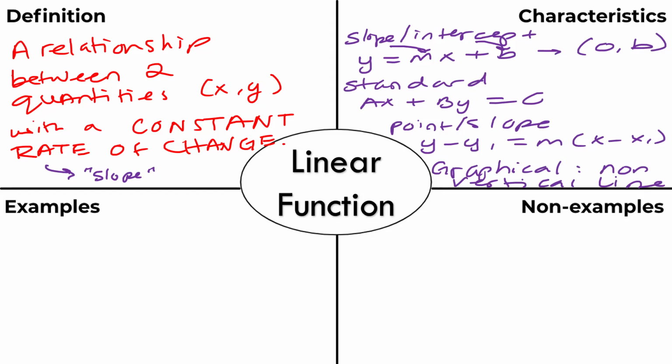All right, so in the examples box, you're going to create a graph example. So you're going to create some kind of graph and an equation of your choice. Create a graph and equation that represents a linear function based on what you know the definition and the characteristics are.